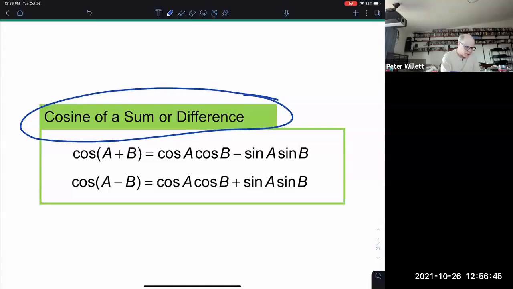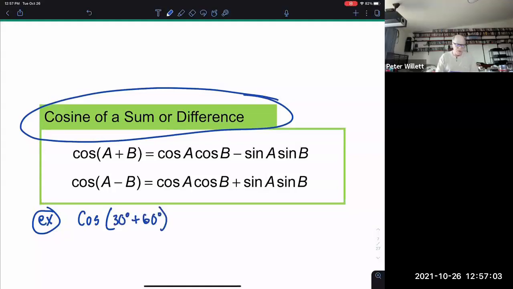Let's explore this with an example. Let's say I wanted to evaluate the cosine of 30 degrees plus 60 degrees.